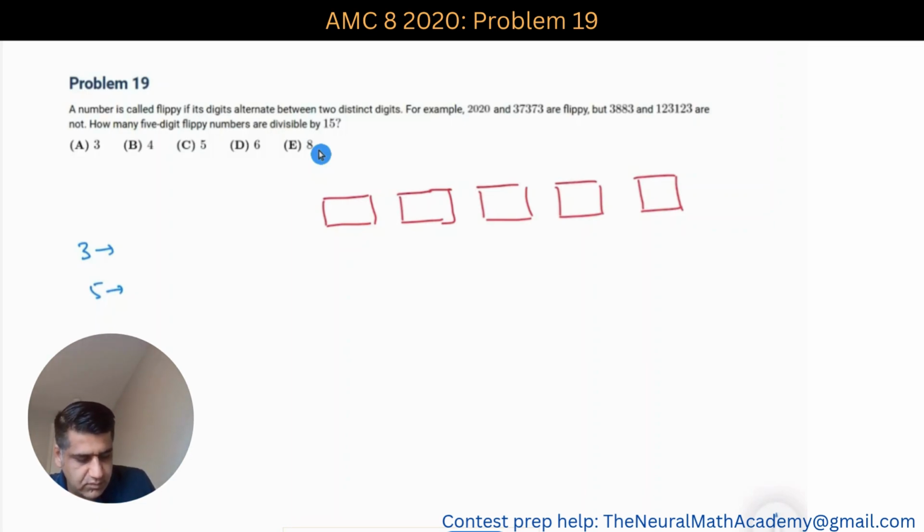So if I write, for example, 0 here, then this number will not be a possibility, because this is basically a 4-digit number, it is not a 5-digit number.